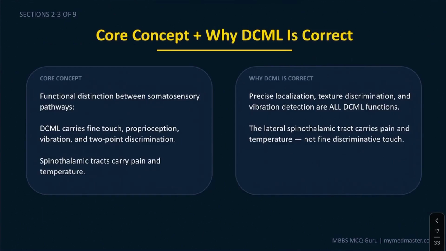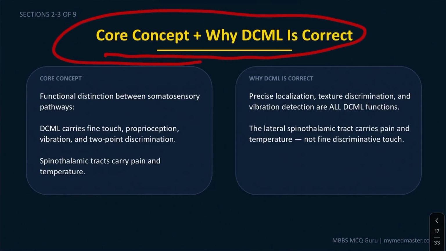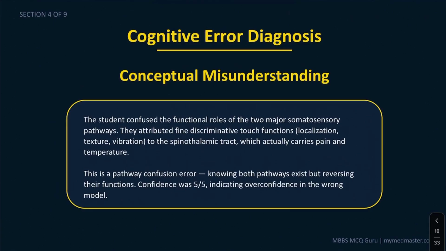For this question, this was the core concept and why this was correct, it is given. And for this question, the cognitive error diagnosis is given. The problem was in cognitive error and it is conceptual misunderstanding. But this time, the error is of a different type. In the first MCQ, the student reversed the mesodermal layers.